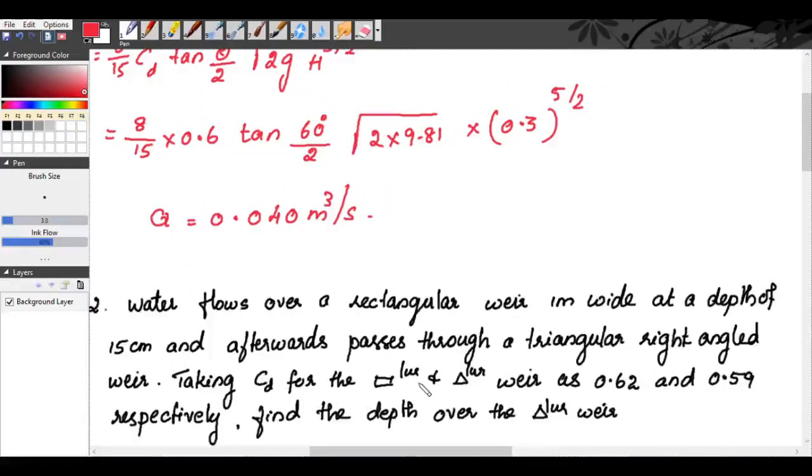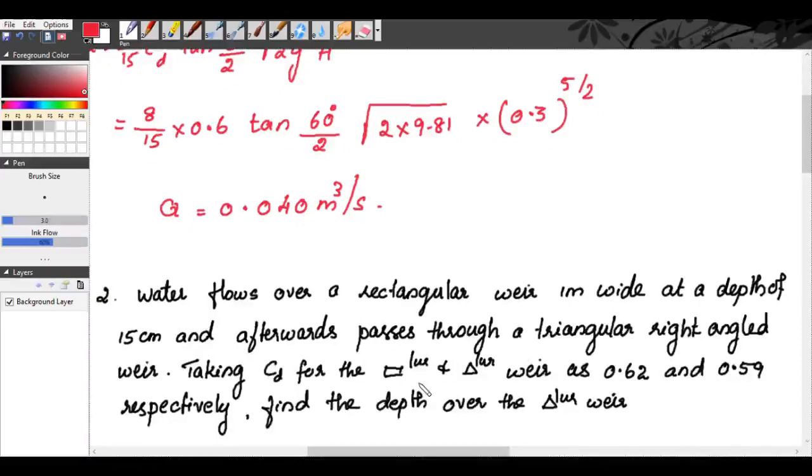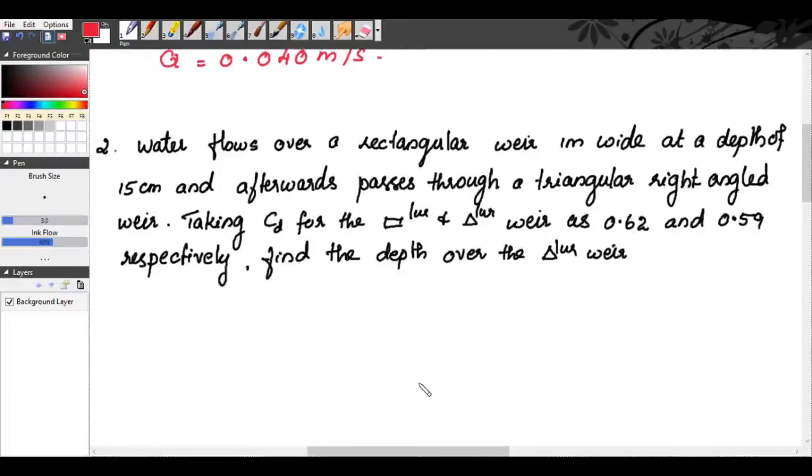Now, the second problem. Water flows over a rectangular weir 1 meter wide at a depth of 15 centimeter and afterwards passes through a triangular right-angled weir. So you have a channel.